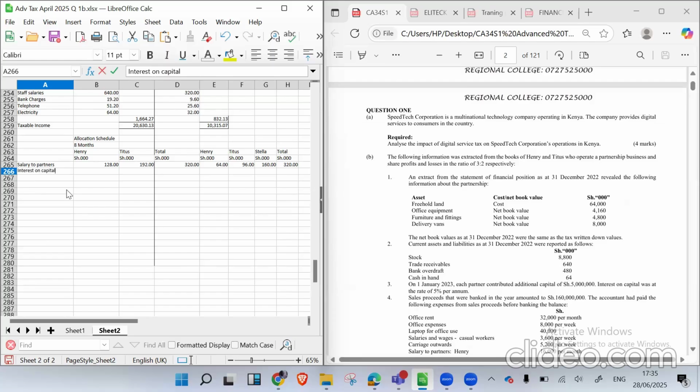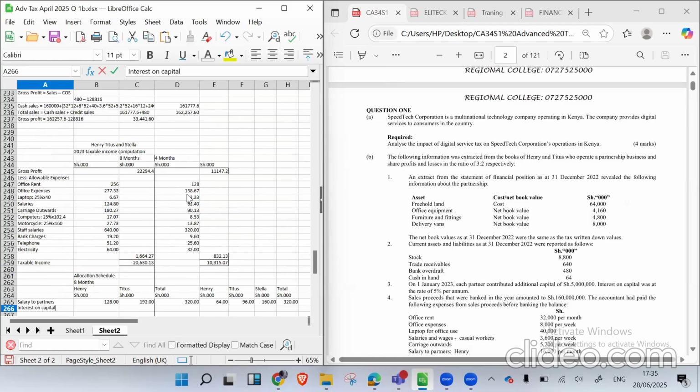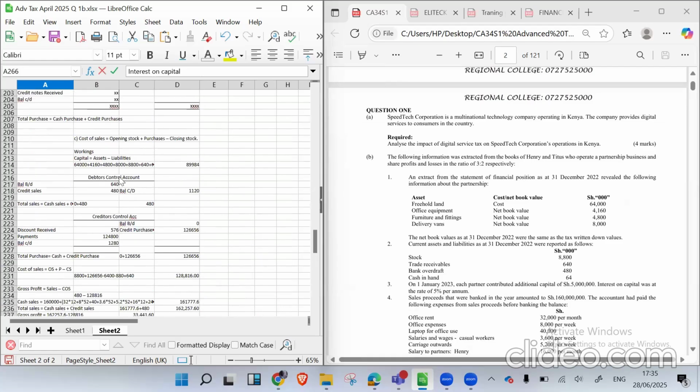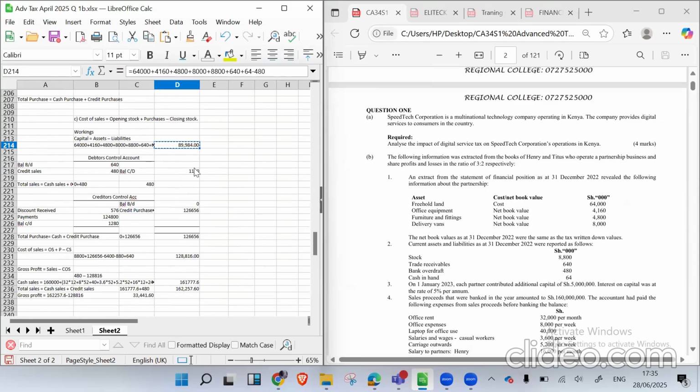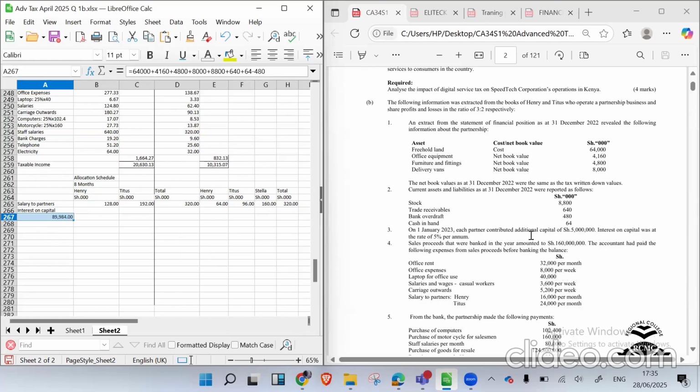So the capital they had at the beginning of the year 2023, we had calculated, which is 89,984. To this 89,984, each partner added capital of 5 million.